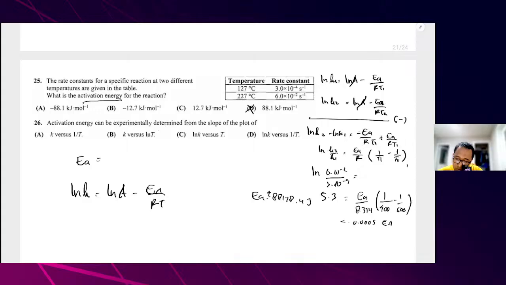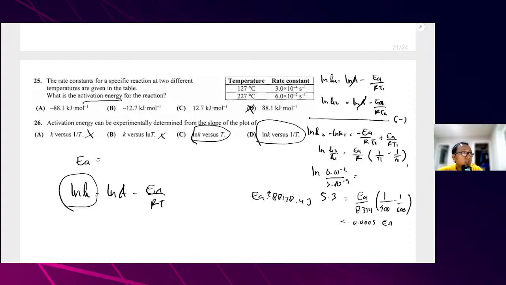So we can plot ln K, so we can eliminate options A and B, right? It leaves just one: ln K versus 1 over T.